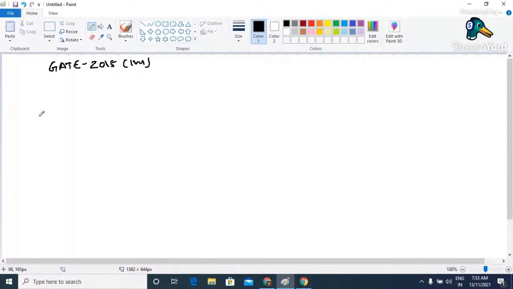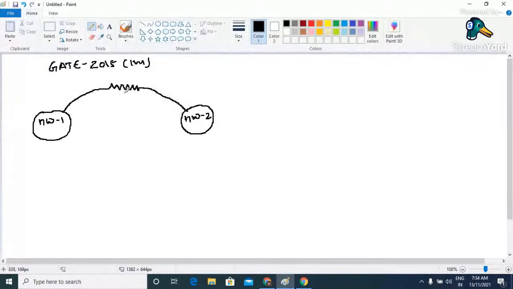Here we have a network, which is network 1, and somewhere over here we have another network, say network 2, and in between these two networks we have connected some active and passive elements. First we have connected a passive element, a resistor of 3 ohm, and across this resistor we have a voltage of magnitude 6 volt with polarity minus to plus.